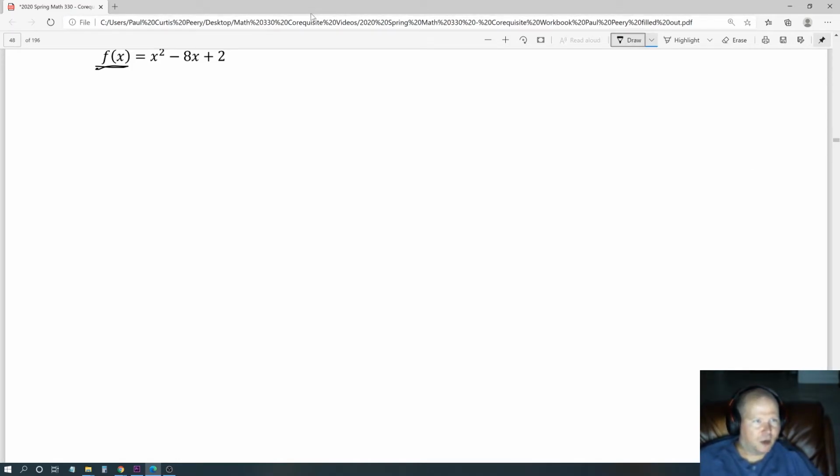Okay, so we don't know what f of x plus h is, so our first step is to find out what that is. Wherever we see an x in the original one, we're going to be plugging in x plus h.